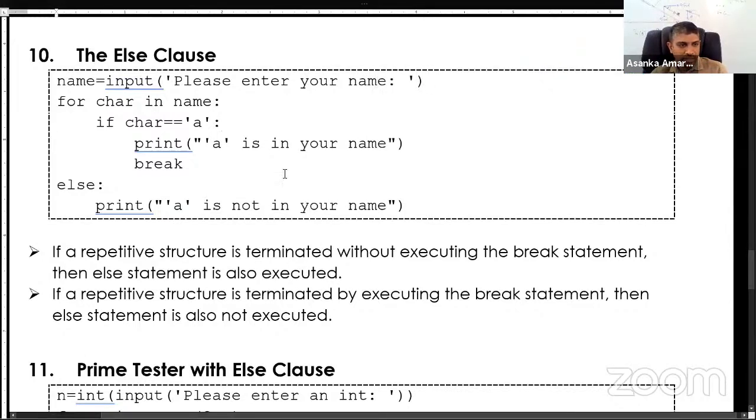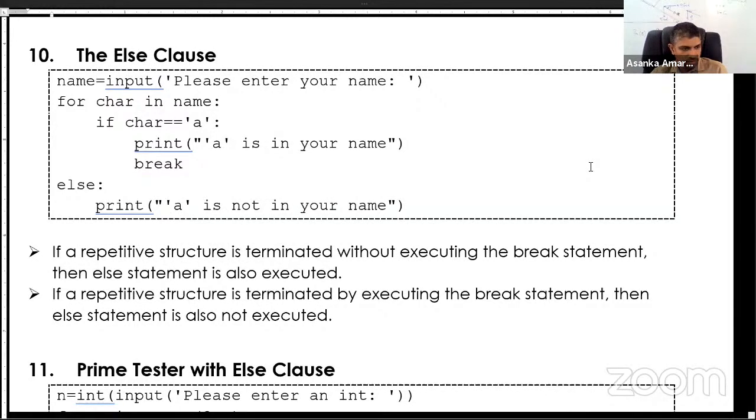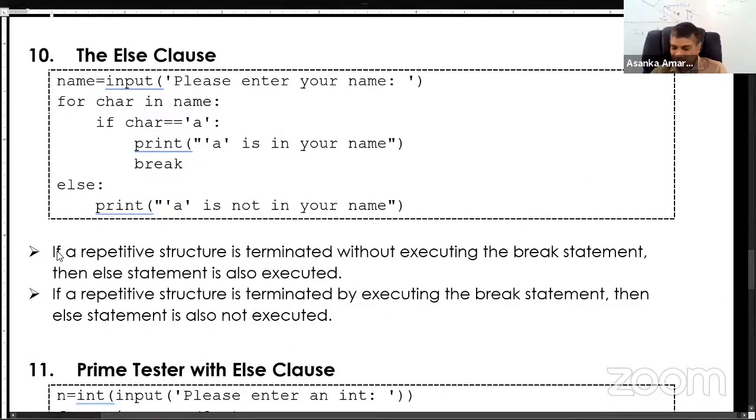Okay, we will complete this. If a repetitive structure is terminated without executing the break statement. Repetitive structure means it is either a for statement or a while statement.